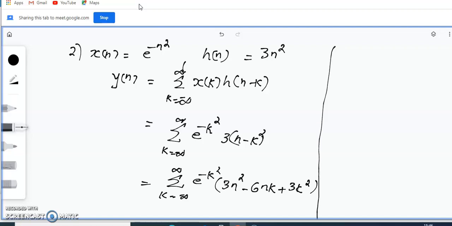Now n is a constant when we compare it to this k, so that n can be taken outside, and the 3 can also be taken outside.